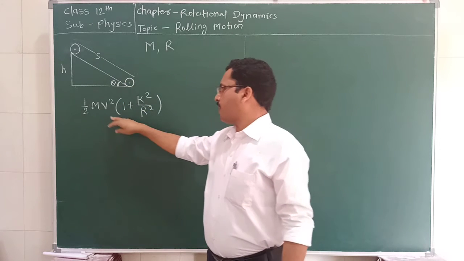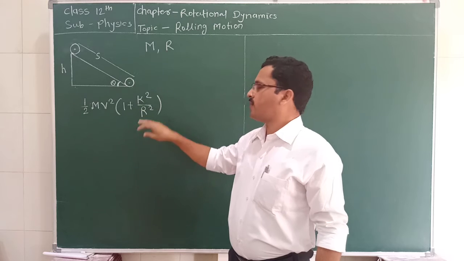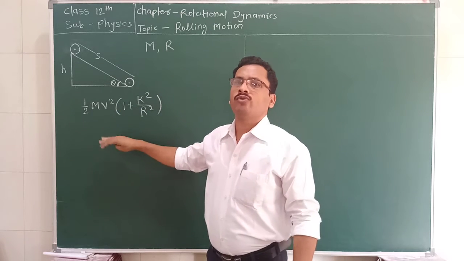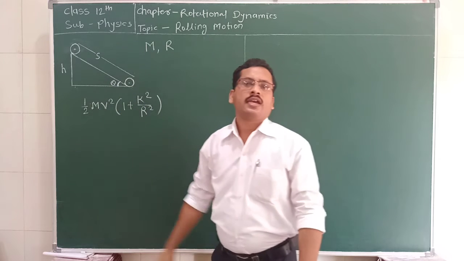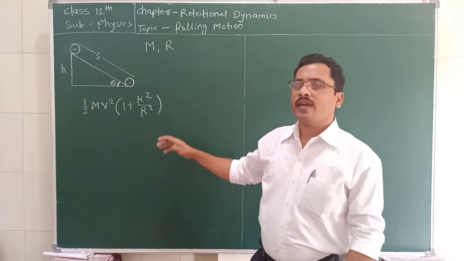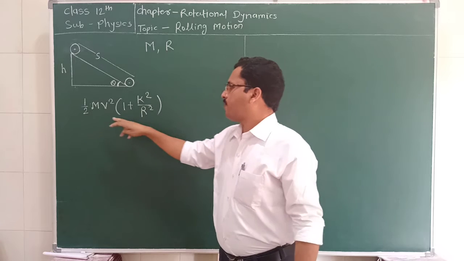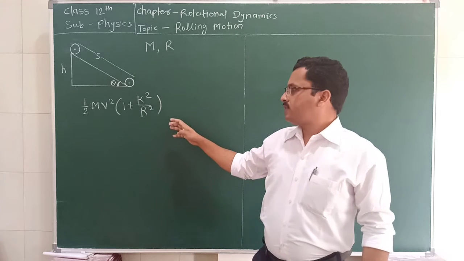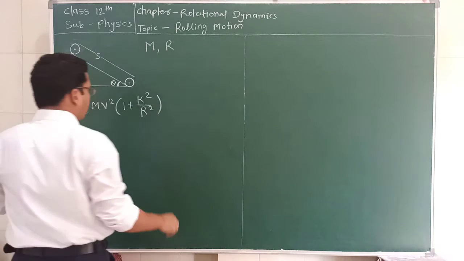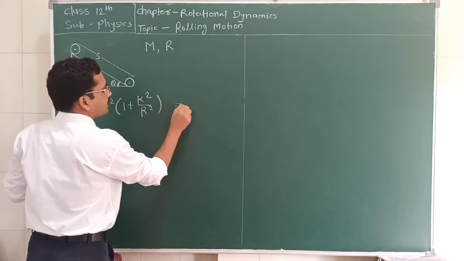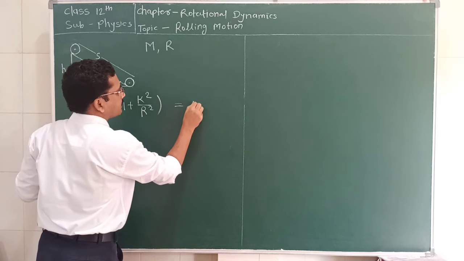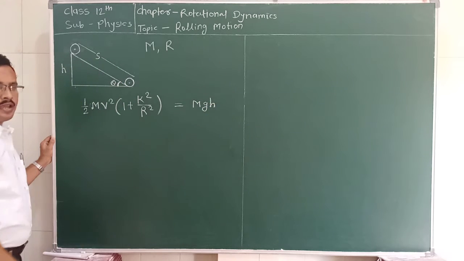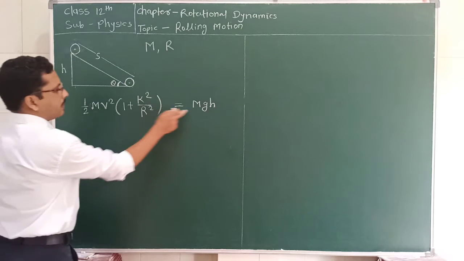Now, what is the kinetic energy of the rolling body when it reaches the bottom point? It is equal to 1 half m v square (1 plus k square by r square), and this kinetic energy is equal to the potential energy at the initial point. Therefore, 1 half m v square (1 plus k square upon r square) is equal to mgh, the potential energy, that is mass times gravity multiplied by h. Therefore this m and m get cancelled.